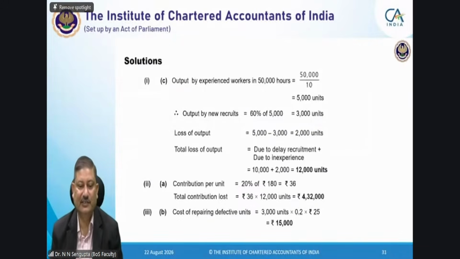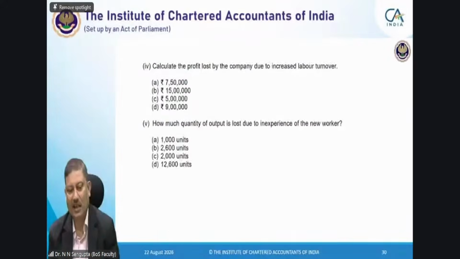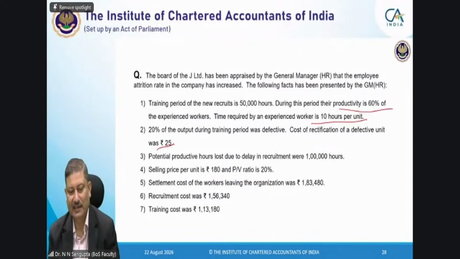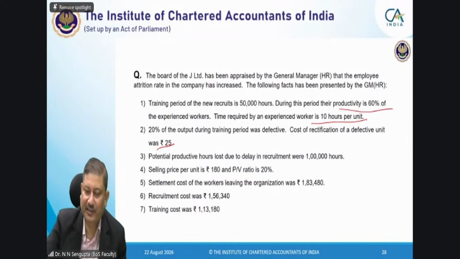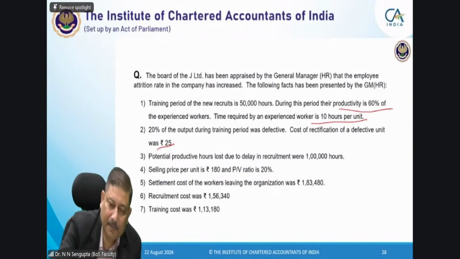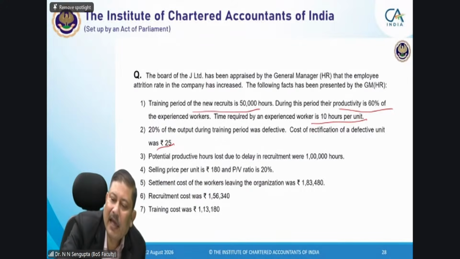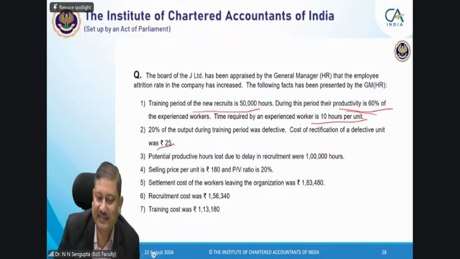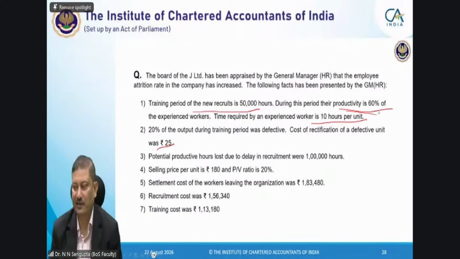So first question is output by experienced worker in 50,000 hours. The training period is 50,000, please see here, and productivity is 60% of the experienced worker.